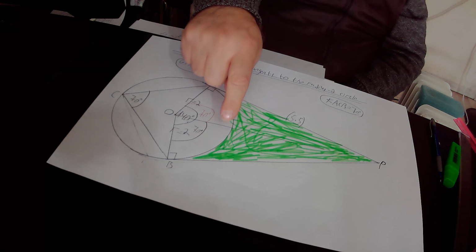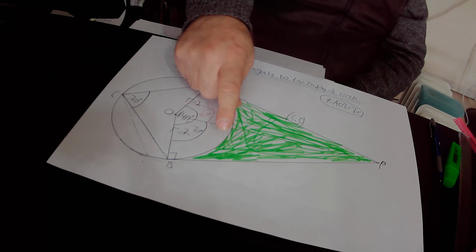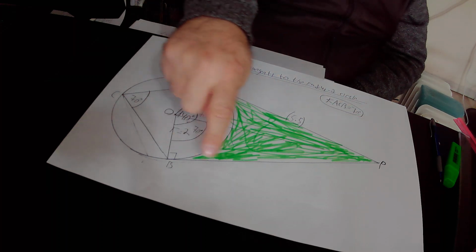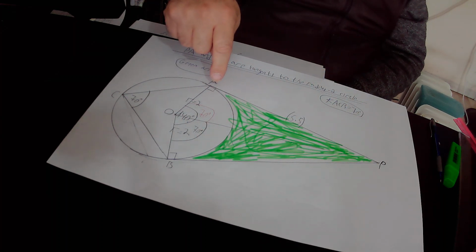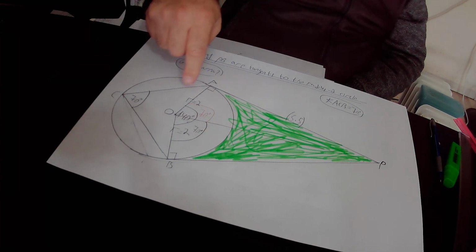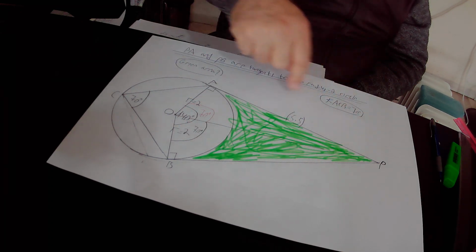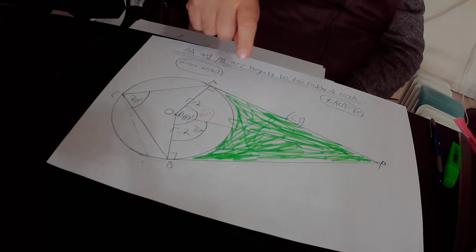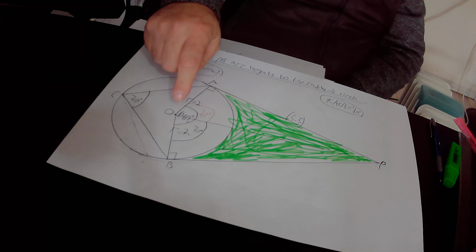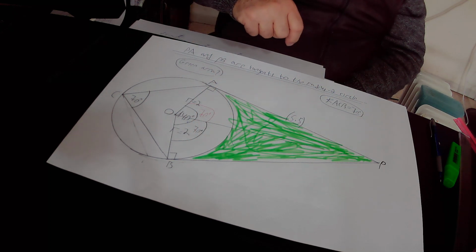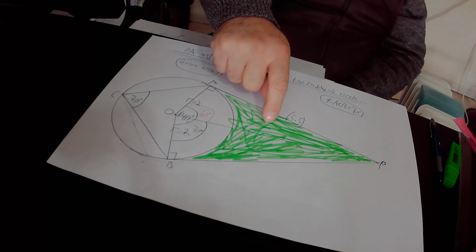The sum of the areas of those two right triangles gives us exactly the area of this quadrilateral AOBP. We have to subtract from the area of this quadrilateral AOBP the area of this sector AOB, and the result will be exactly the area of this green shape.